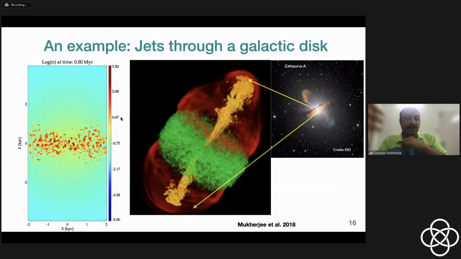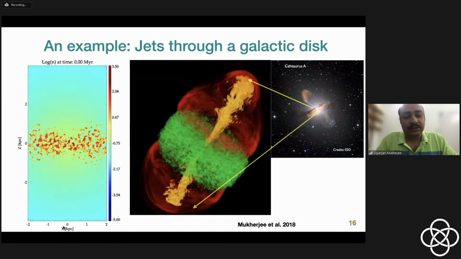So this is an example of a fluid simulation that I performed in a paper in 2018, where I've been trying to simulate relativistic jets from a supermassive black hole. I'm sure Professor Saikia has taught you now about jets from supermassive black holes, and you've heard about AGNs and AGN feedback, etc. So this is one such simulation where you have a 3D volumetric image of the same thing, and this is a slice of the 3D volume, and this is a dense distribution of gas.